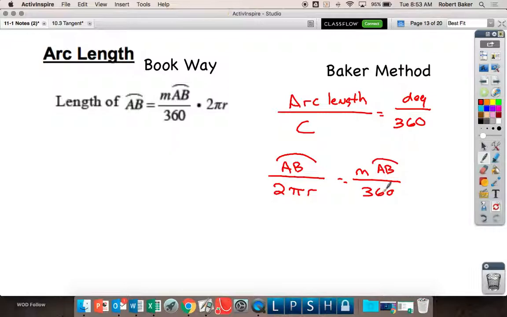I know you're scared of that, but when we look at the first problem, we'll be like, oh, that's all I have to do, and it'll be nice for us. Okay? Now we're going to leave all of our answers in terms of pi today. It's going to make all of our answers nice and pretty and nothing super crazy. Alright, so have this somewhere where you can see it or memorize it, one of the two.